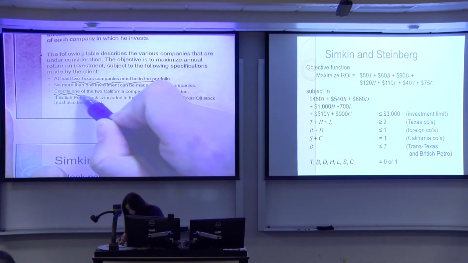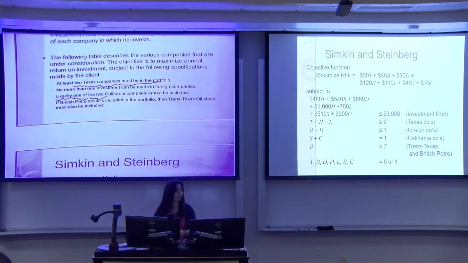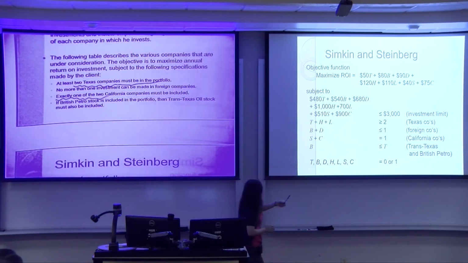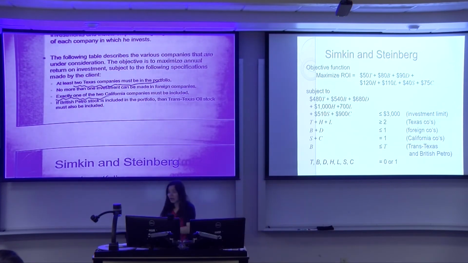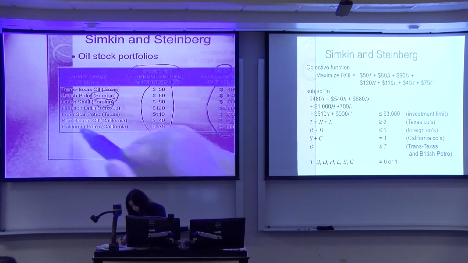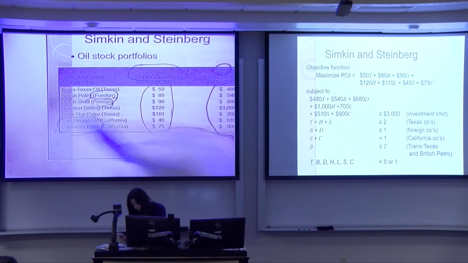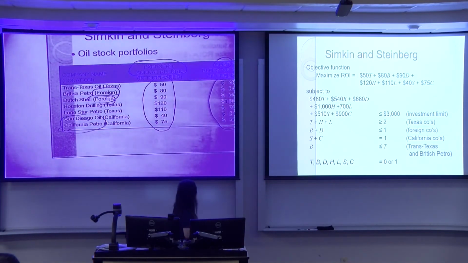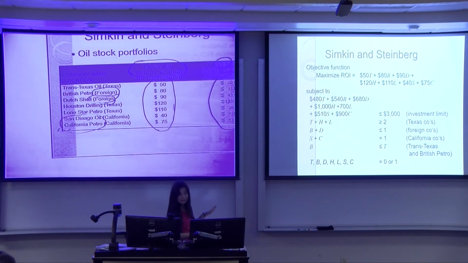So it's exactly one of the two California stocks. That's why here we have equal to 1, right? And look at the table, the California ones are the last two, meaning S plus C should be equal to 1 because it requires exactly one of them.